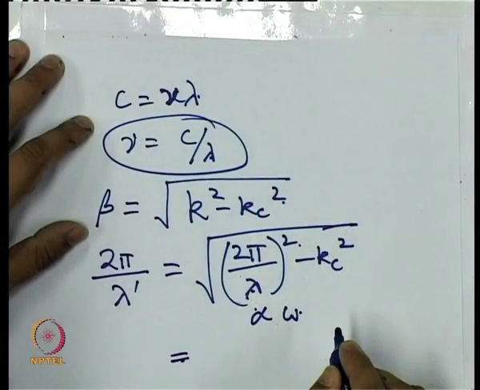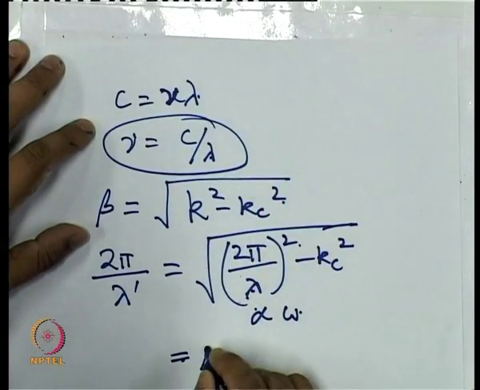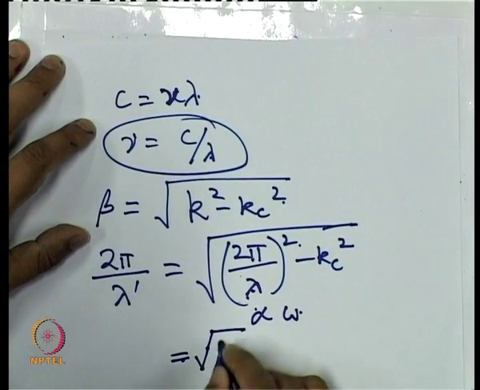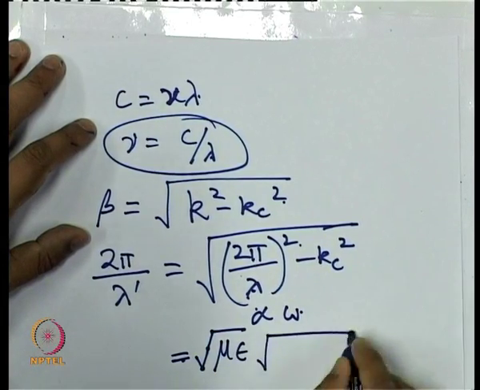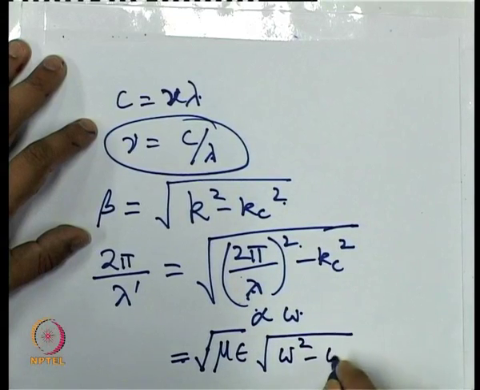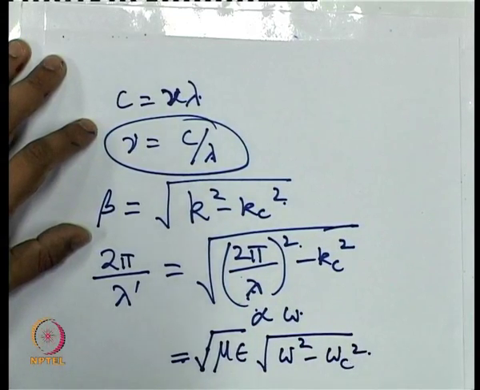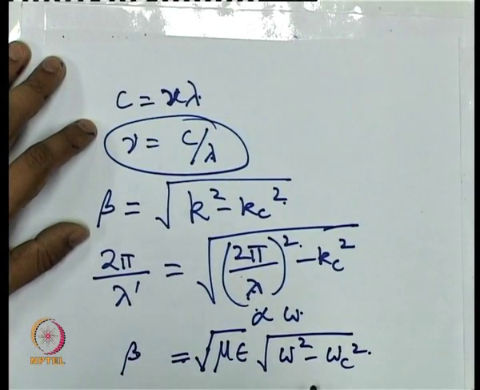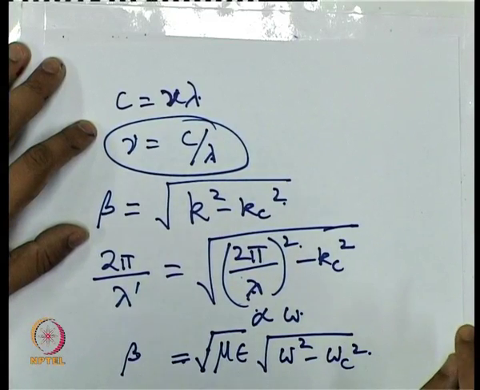So, if we actually plot, in fact, this equation is actually given like this. So, we see that beta and omega are related by a complex equation.